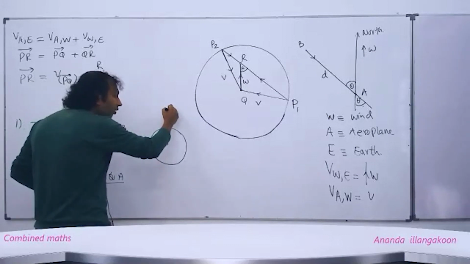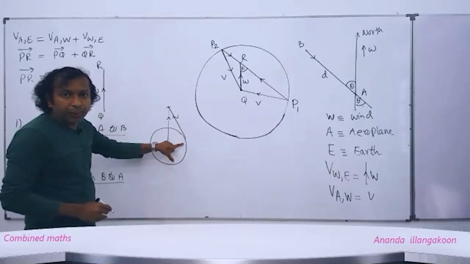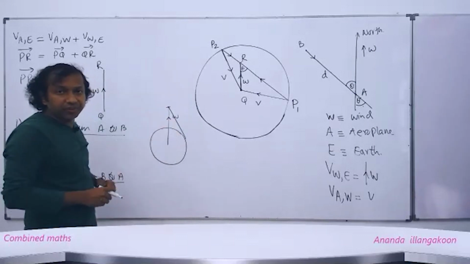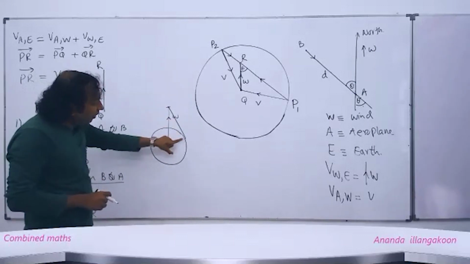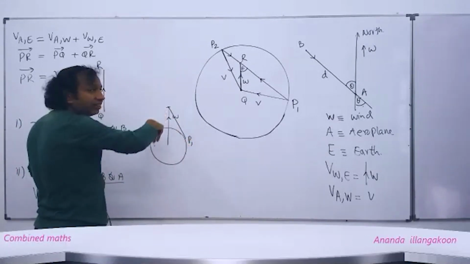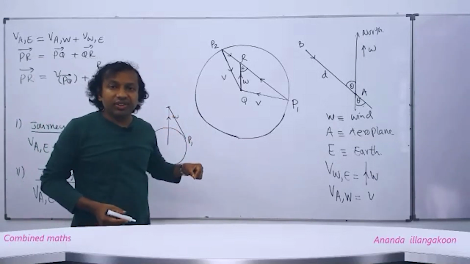Sometimes we can't find a point P1 parallel to this AB and a point P2 parallel to this BA. Sometimes it is possible to find this P1, but in other directions we can't find a point P2 on the circle.